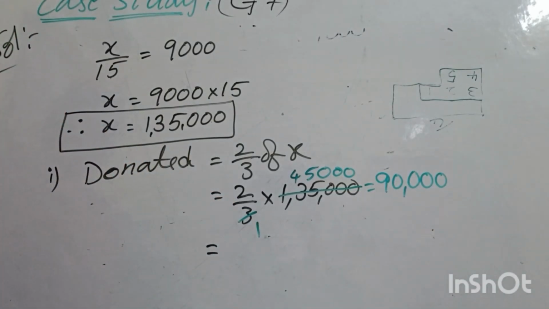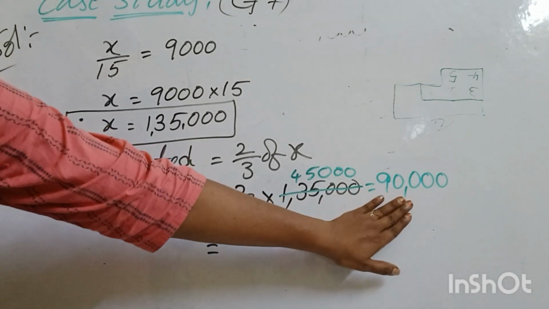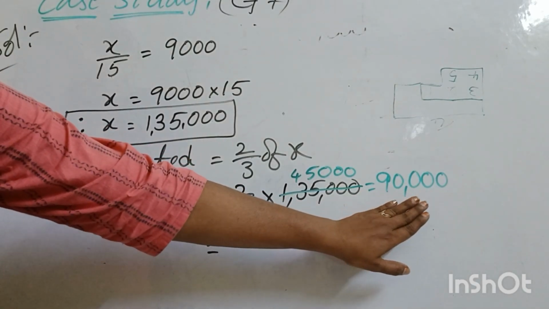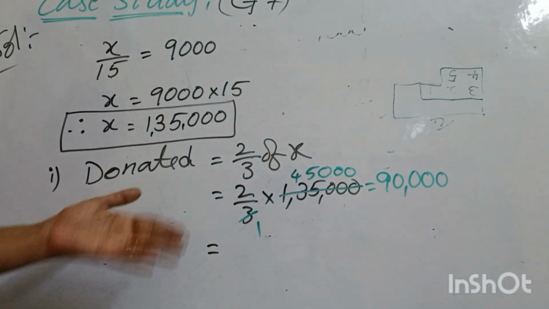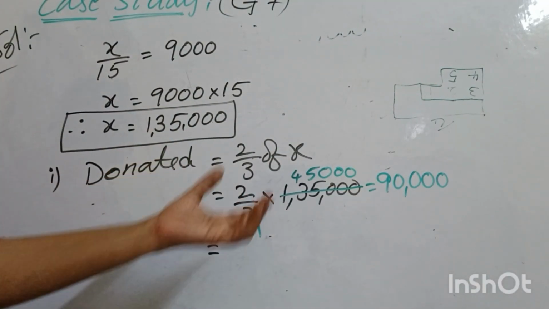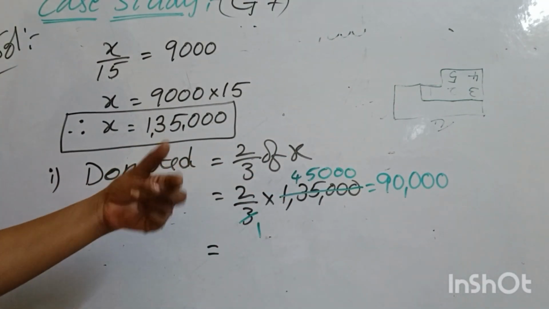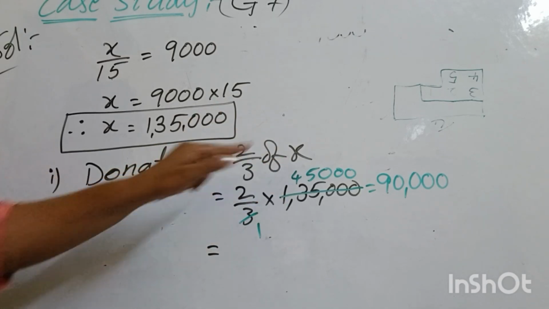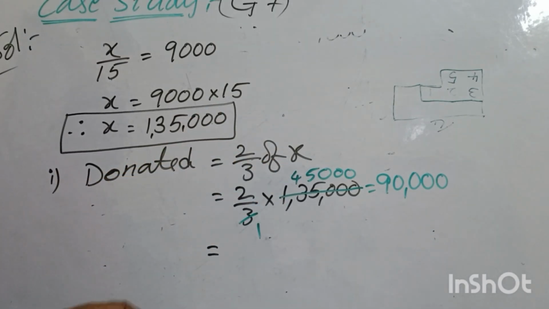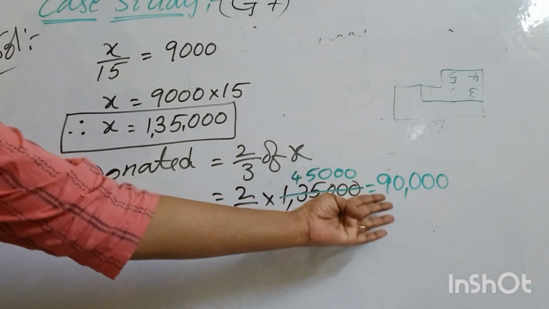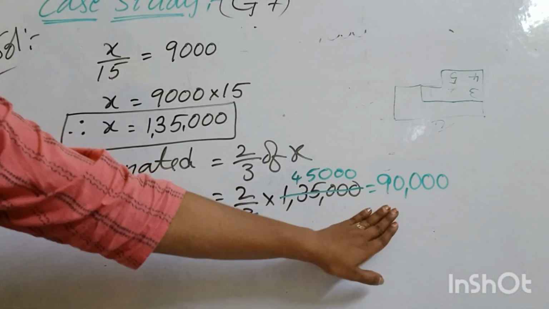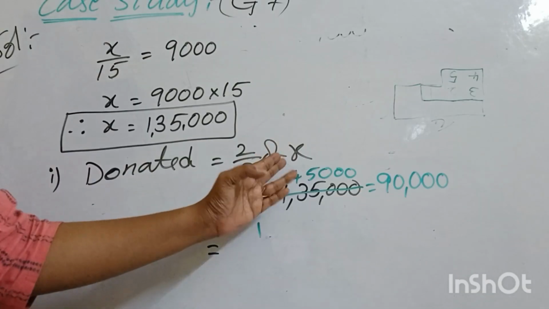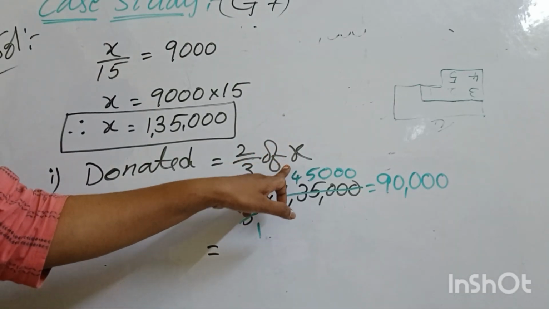Okay, right? Next, one more question. What is this 90,000? 90,000 rupees he donated to the NGO. Got it? Before, we didn't know how much exactly he donated. They gave it in fraction terminology like 2/3 of x. Now we found exactly how much he donated, by finding the exact amount of his salary.